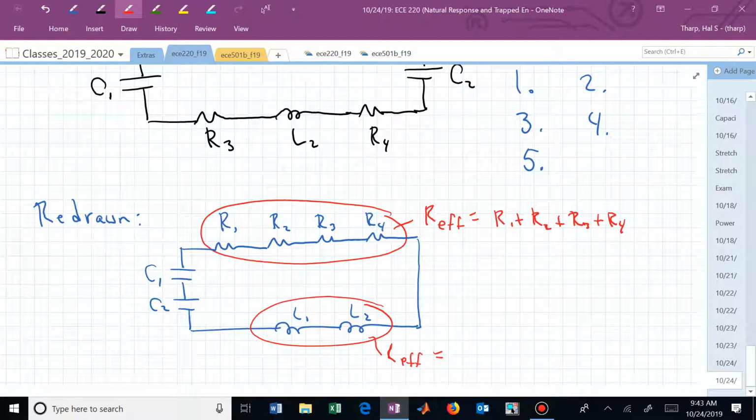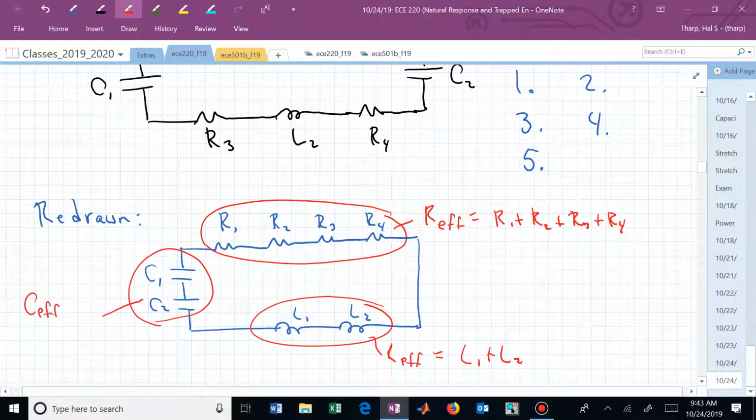Series combination of inductors, that's L1 plus L2. And what's C effective? Those are in series. That's C1 C2 over C1 plus C2.